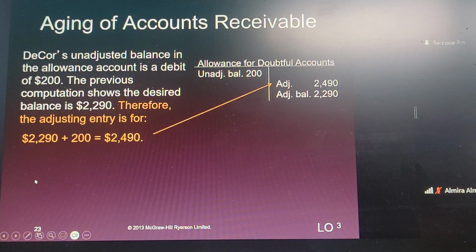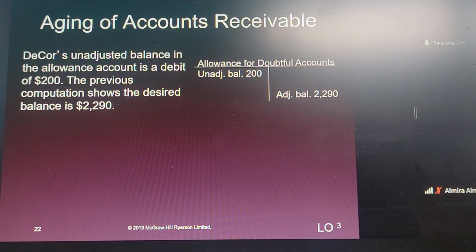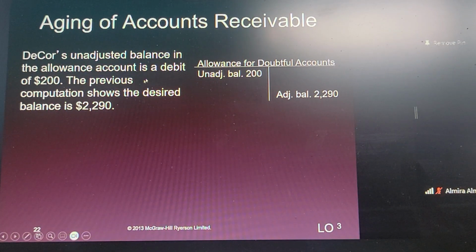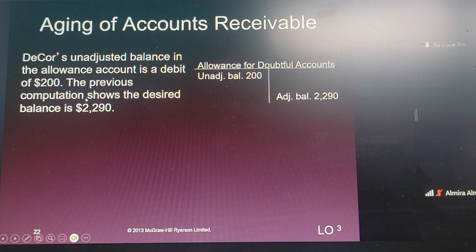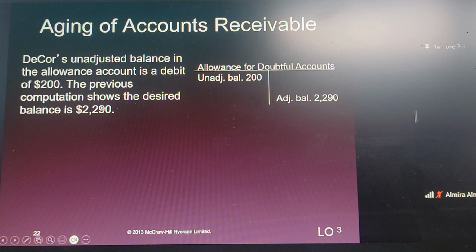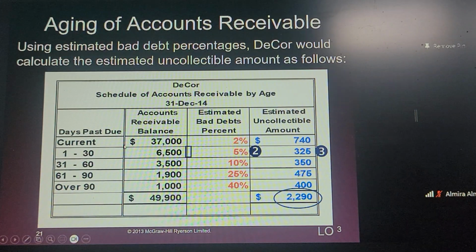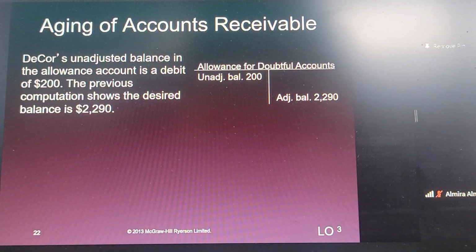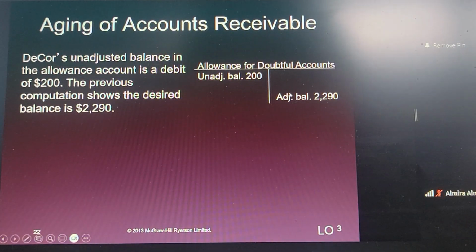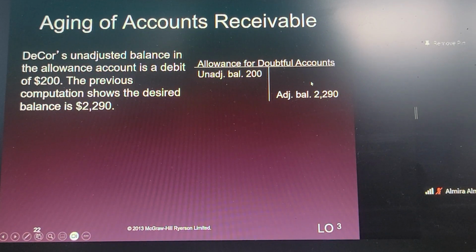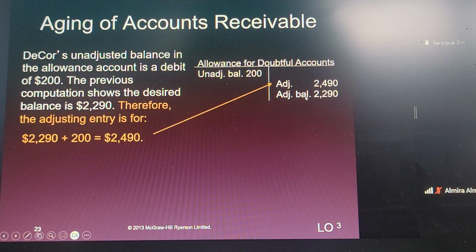This you will see in the questions, guys. The unadjusted balance of the allowance is 200. The previous computation showed me 2290. This is from here, right? So how do we find the number in here? You will be asked to find the number.